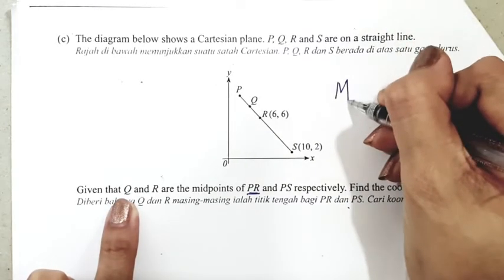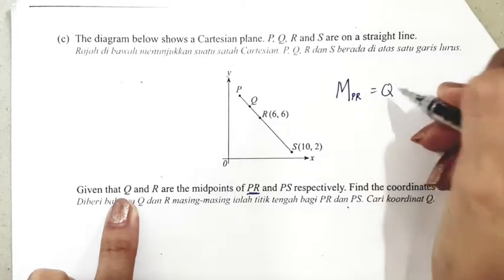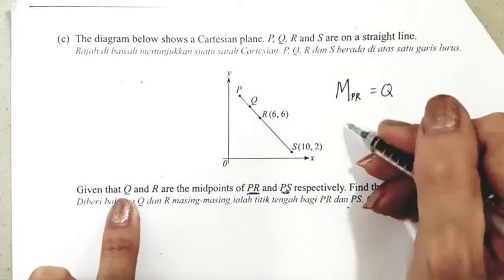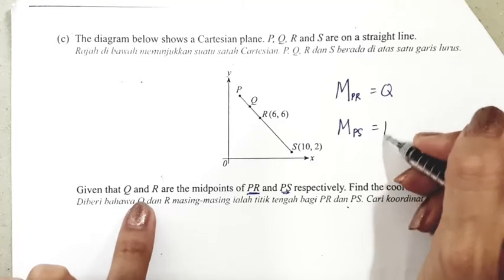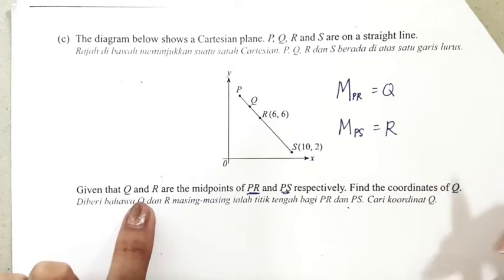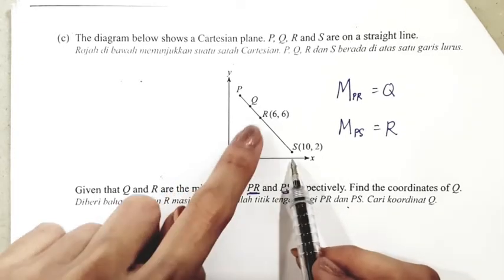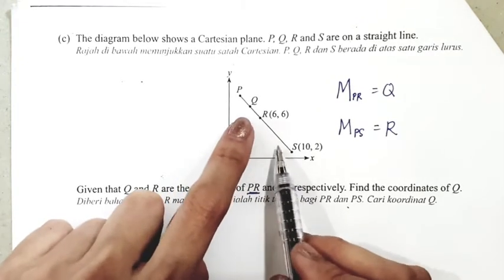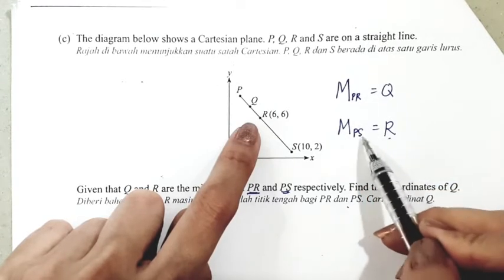The midpoint of PR is Q. And the midpoint of PS is R. Okay, so we're going to use the formula of midpoint to find the answer. Now, since we have R and we have S, we use this one.